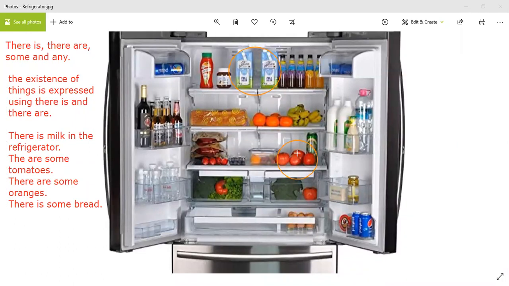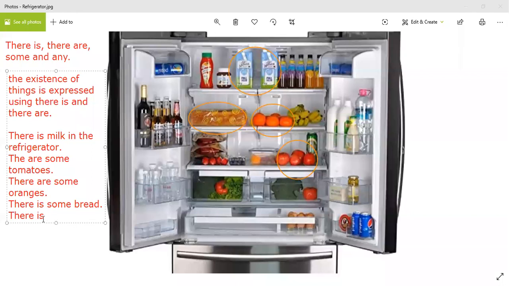Well, first we got oranges here, and we got bread here. There is some bread. So how do we use there is and how do we use there are? First, there is used for singular and for uncountable nouns.